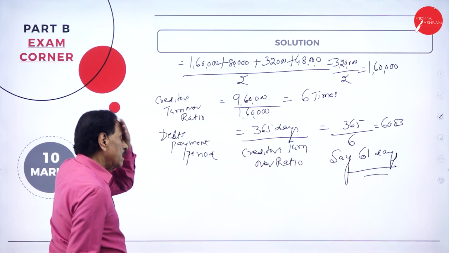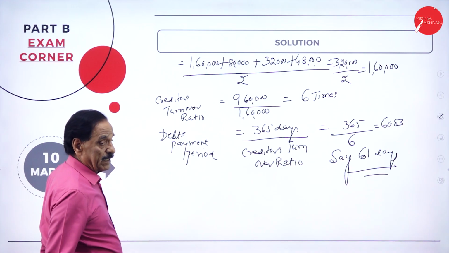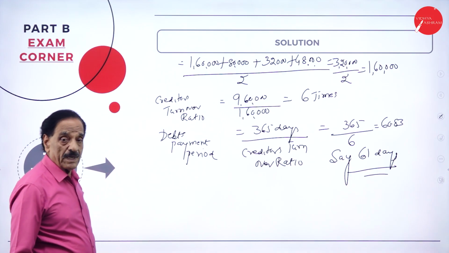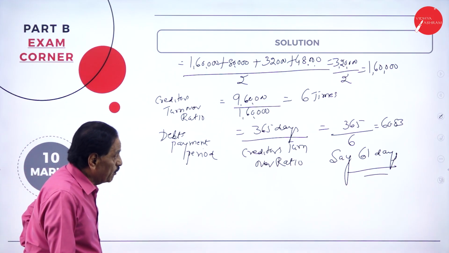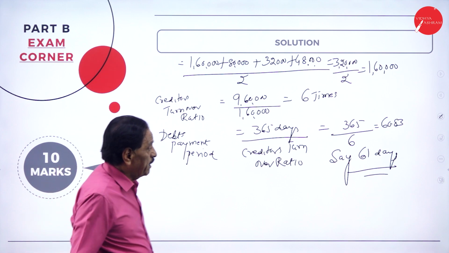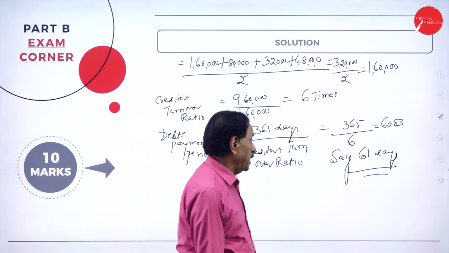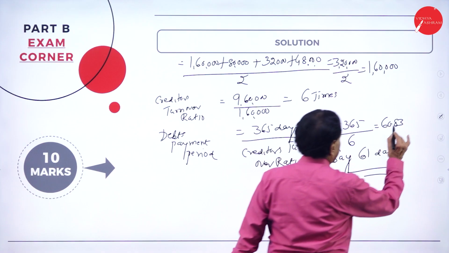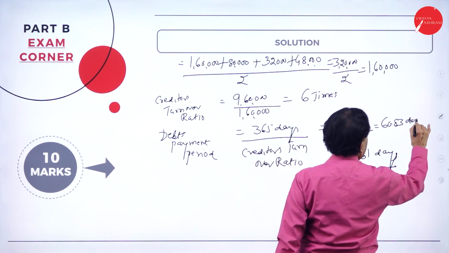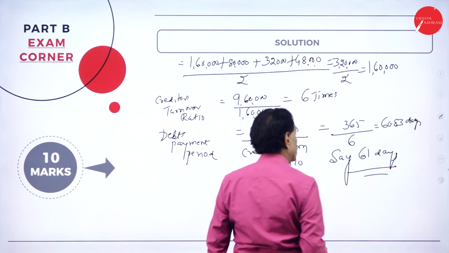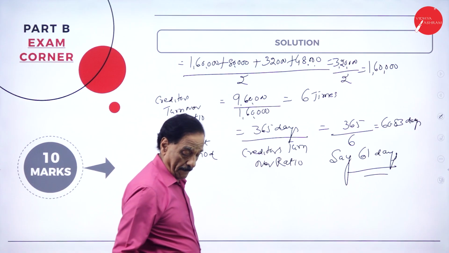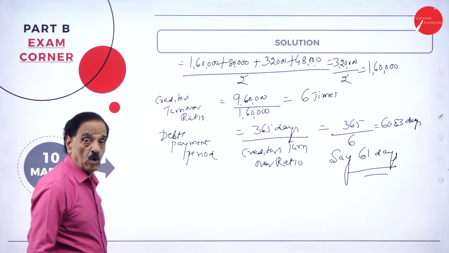Creditor turnover 9,60,000 divided by 1,60,000, 365 divided by creditor turnover ratio, 60.83 days. Say 61 days. So 2 problems over.